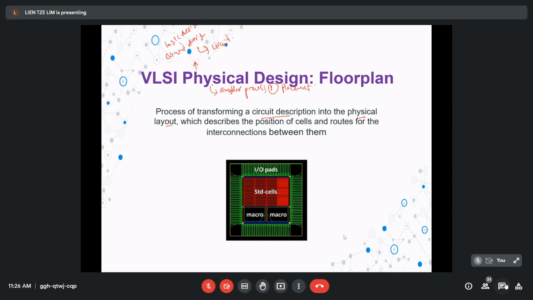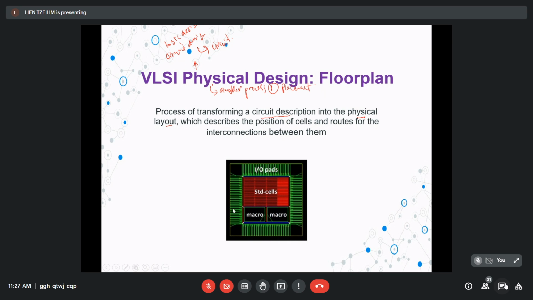It is not the floor plan of something else. It means that the floor plan contains chips, input, output, macros, and others, like routing. Routing can be signal routing or power routing. So you see that this is the floor plan.